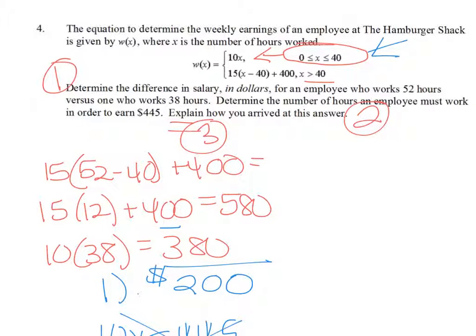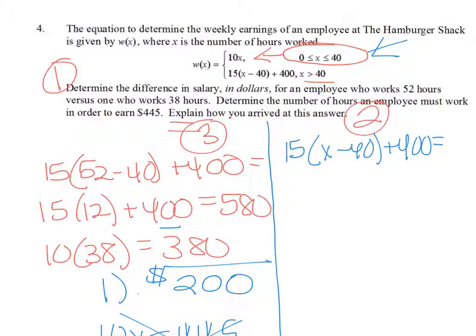So it makes more sense to set 15 times the quantity of x minus 40 plus 400 equal to 445 and solve for x in order to find the number of hours.